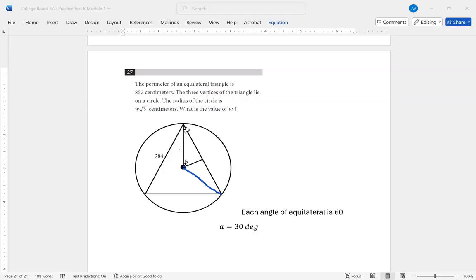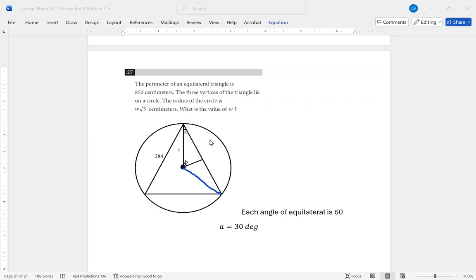And this side of my right triangle is going to be half of 284. So that's 142. So B is 60 degrees, A is 30 degrees, and I have this right triangle where one length is 142.